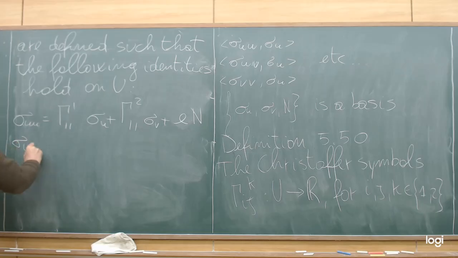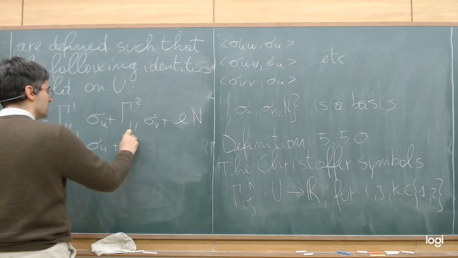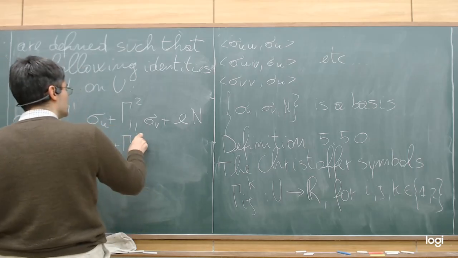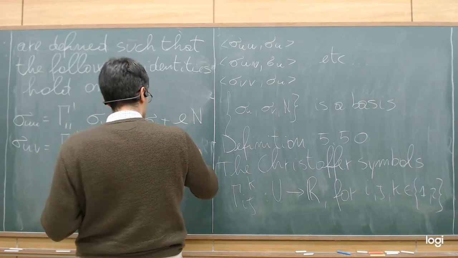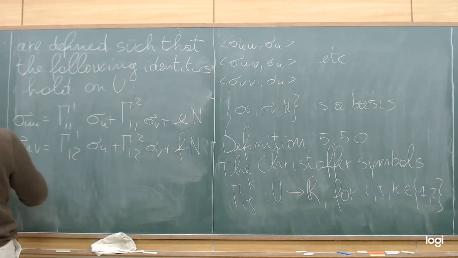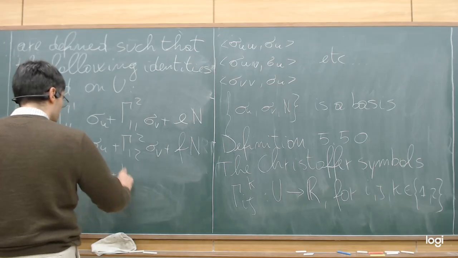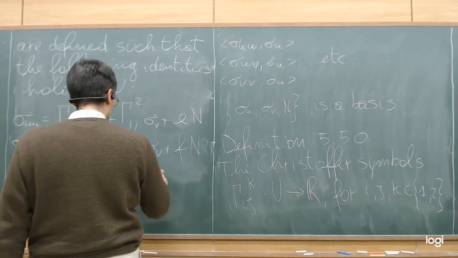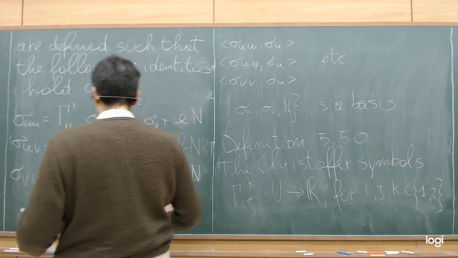Similarly, sigma UV is gamma 1 2 1 sigma U plus gamma 1 2 2 sigma V plus F n. Sigma VU is equal to gamma 2 1 1 sigma U plus gamma 2 1 2 sigma V plus Fn.